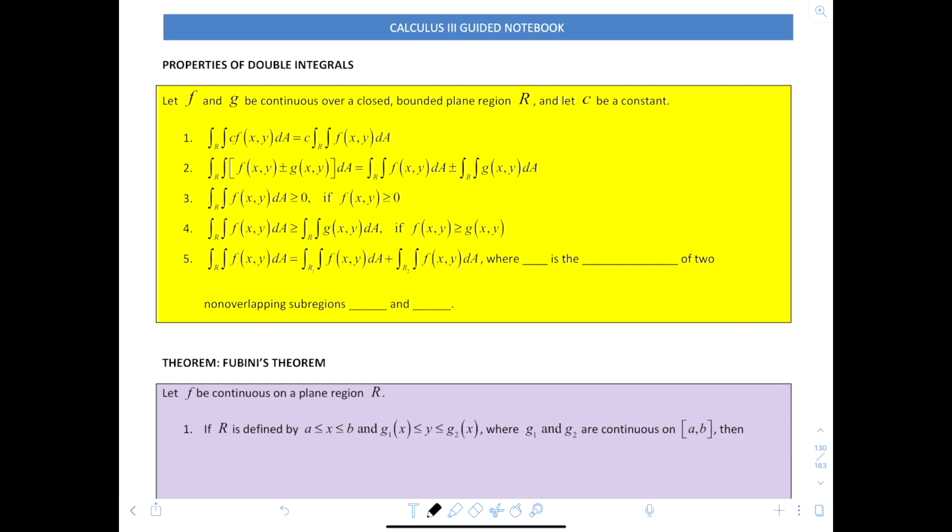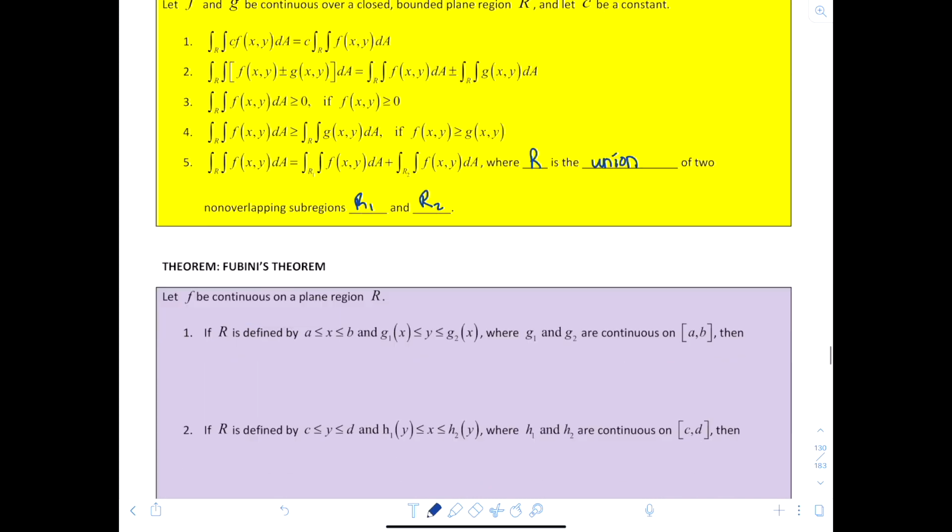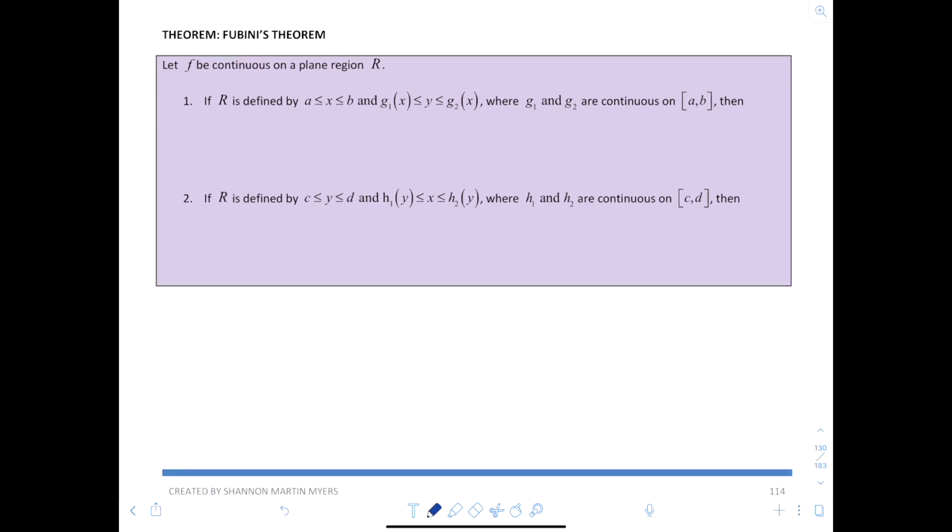And then finally, you can split an iterated integral as long as R is the union of two non-overlapping subregions, R1 and R2. Okay, so these are all very similar to things that we had done in prior properties for integrals where it's just one integral.